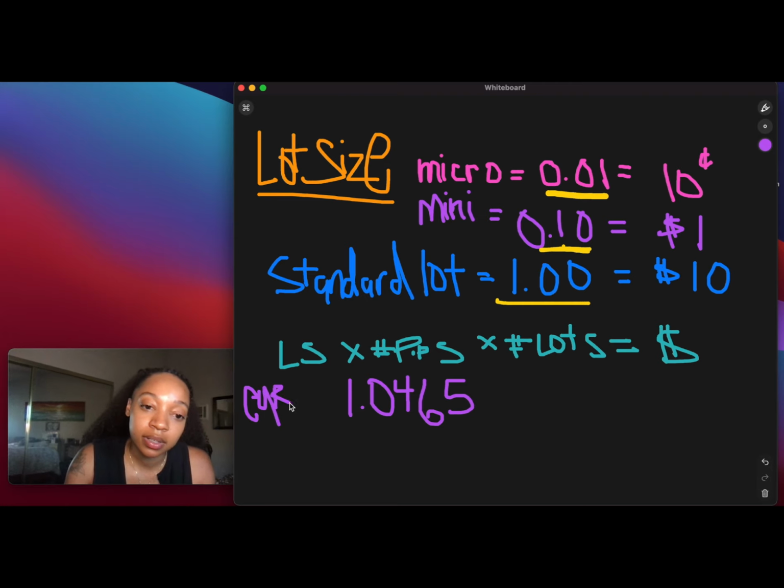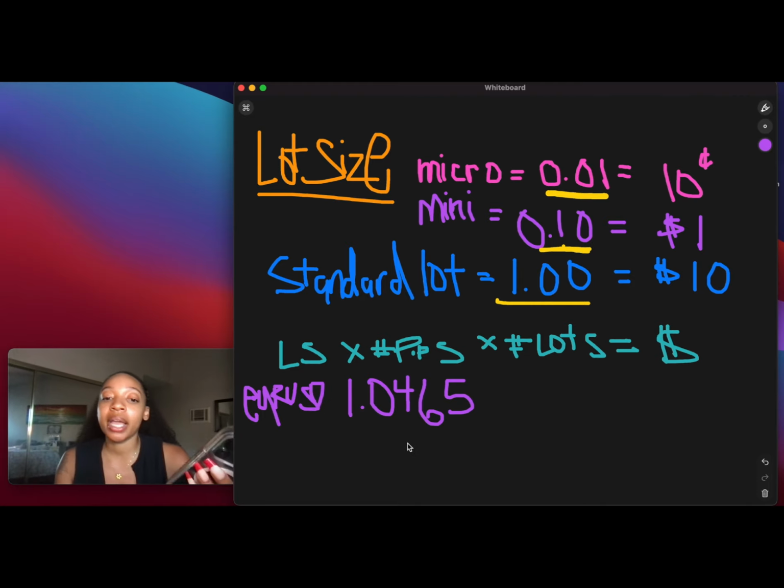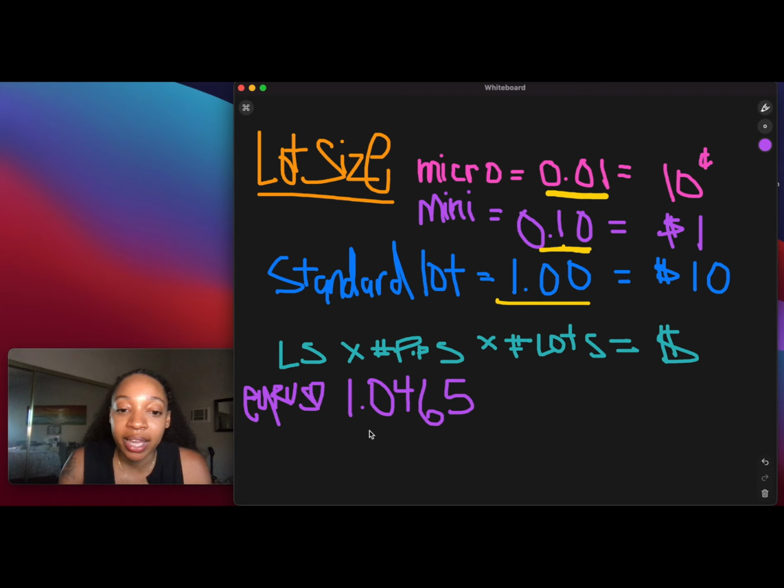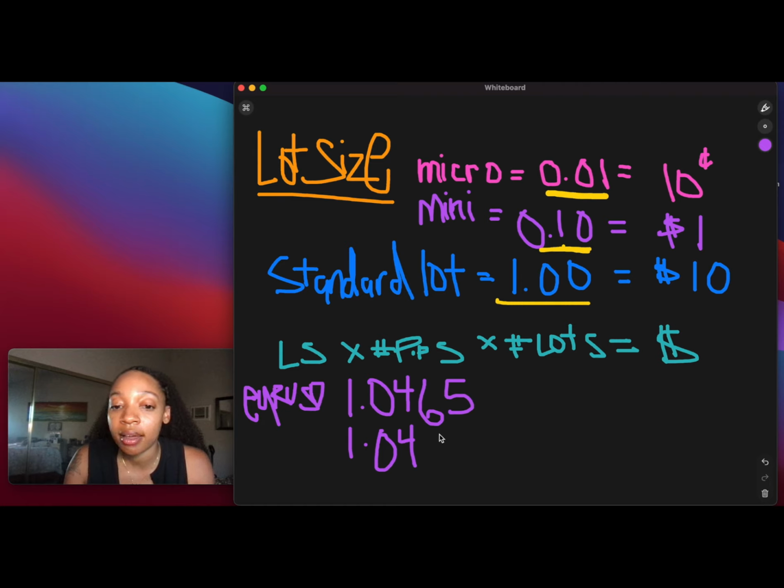If this is where we're starting, and we hop in and we get out, just for the simple sake of easy math, and we made some money, we're getting out at 85.